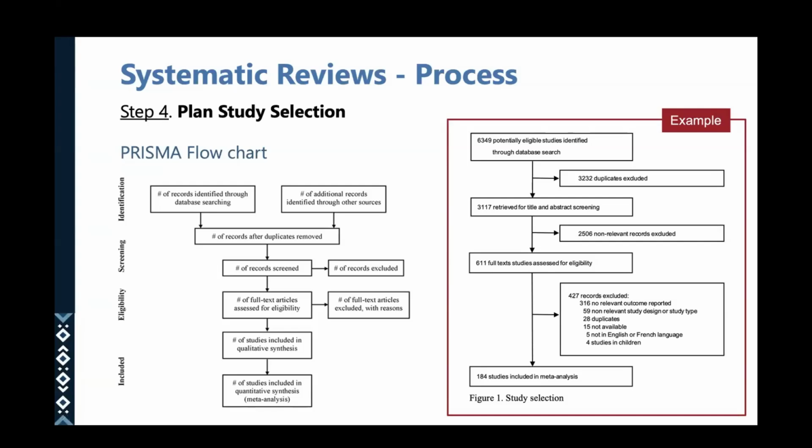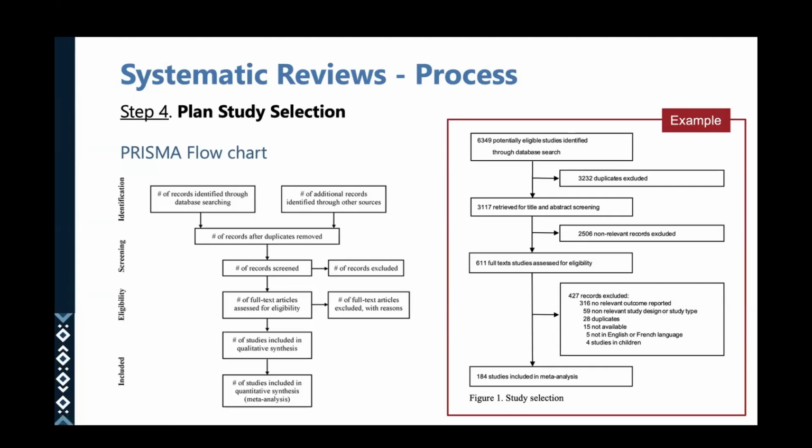So we looked at 611 papers from the beginning to the end, and we excluded 427, and these are the different summary of the different reasons for excluding these papers. And at the end of the study selection process, we included 184 studies, on which we conducted a systematic review and meta-analysis.